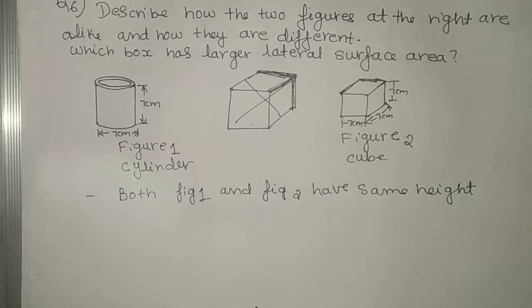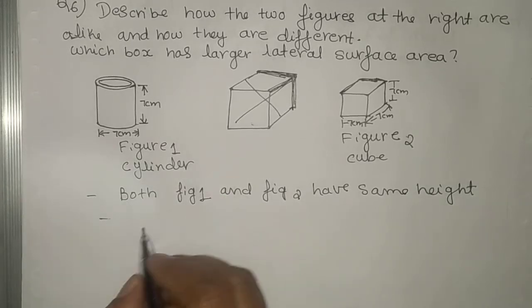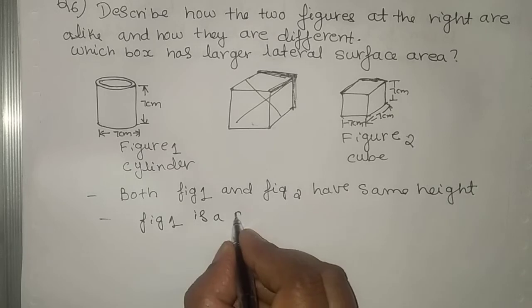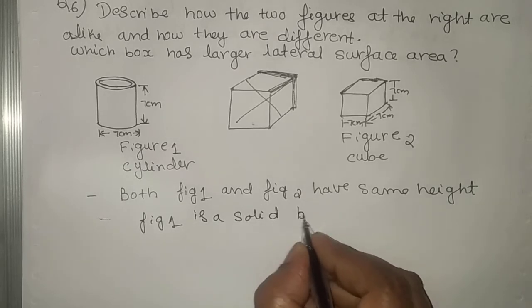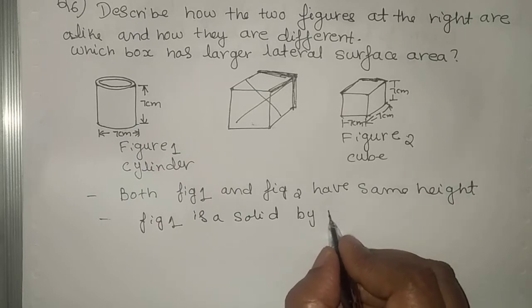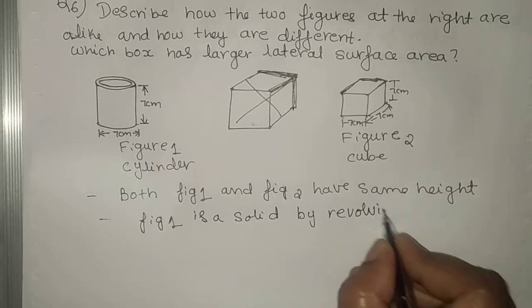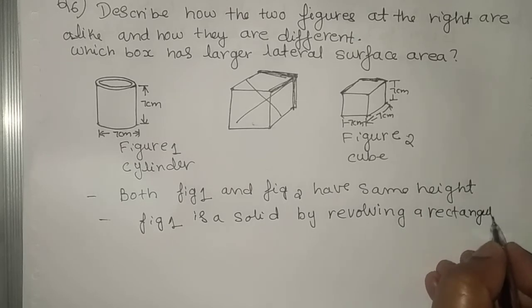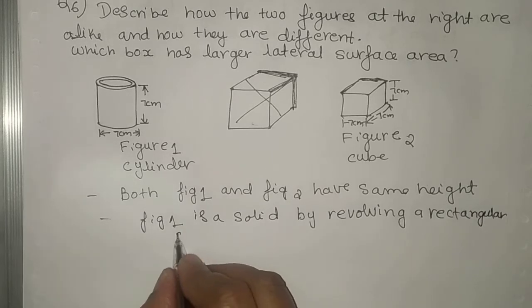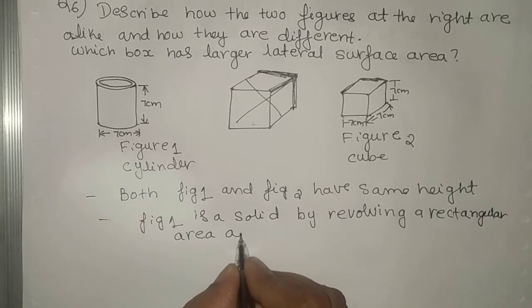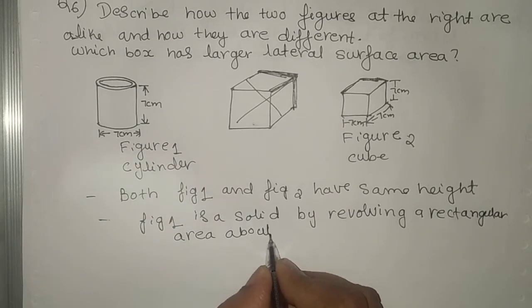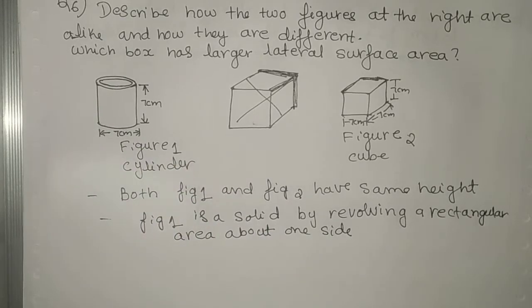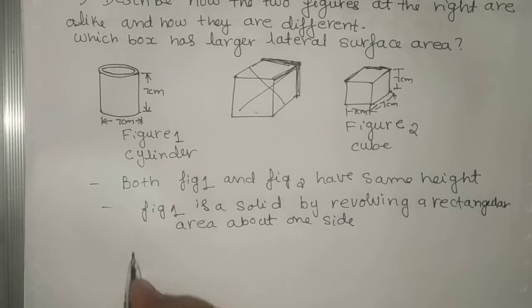Next, the cylinder is a solid obtained by revolving a rectangular area about one side.